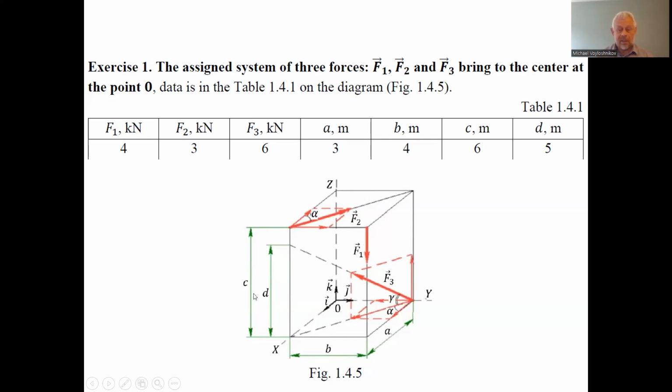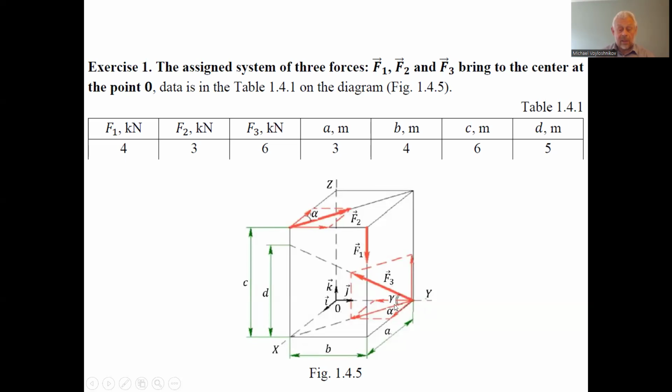As D is 5 meter, the diagonal of this plane rectangle here is 5 meter too, as B is 4 meter and A is 3 meter. So we use Pythagoras theorem, and we can find that this diagonal is 5 meter too.